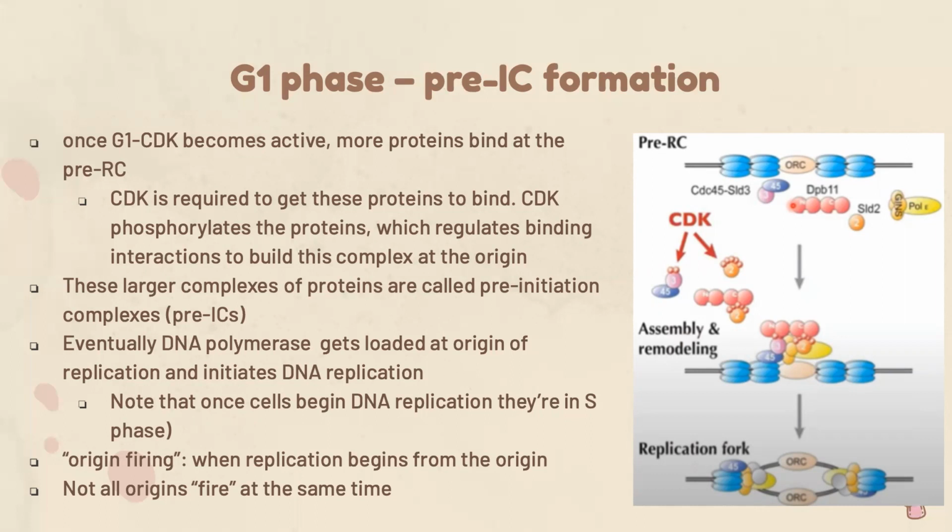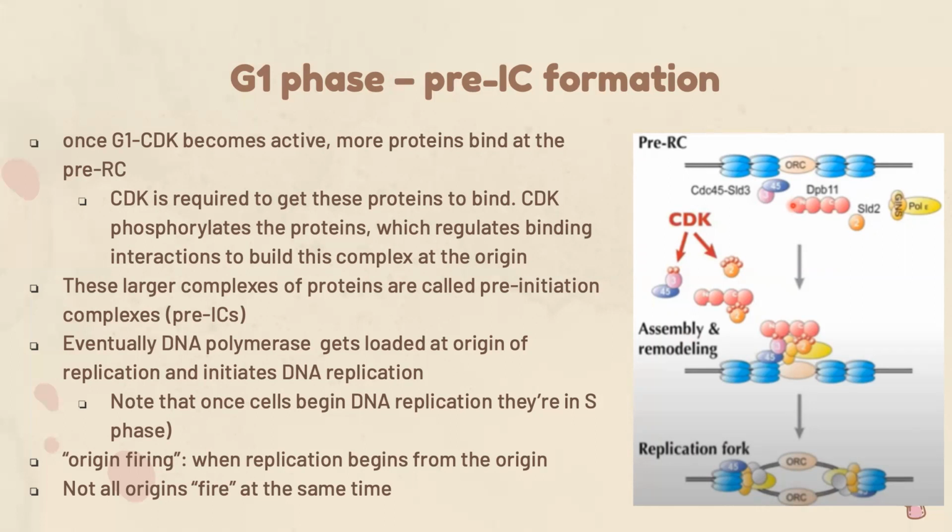So CDK phosphorylates the proteins, which allows them to then bind to the complex. So eventually DNA polymerase gets loaded at the origin of replication and initiates DNA replication. Once that happens, the cell enters S phase.